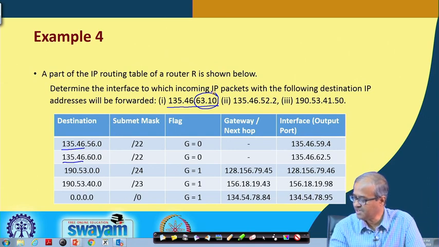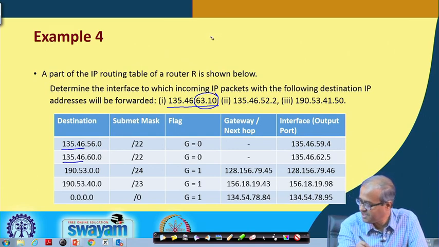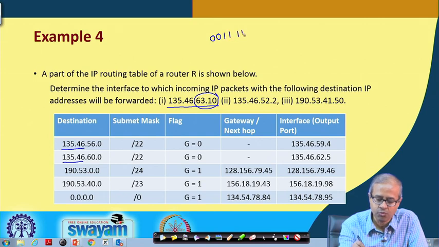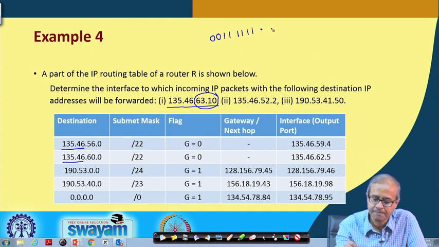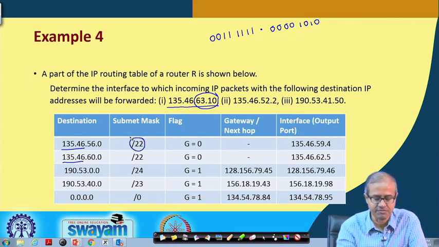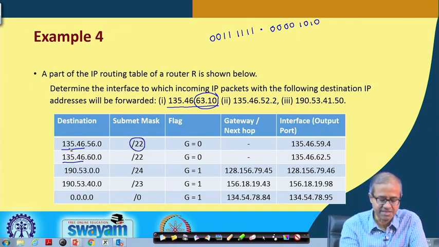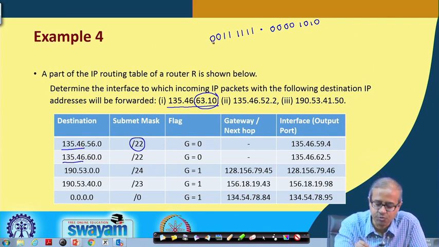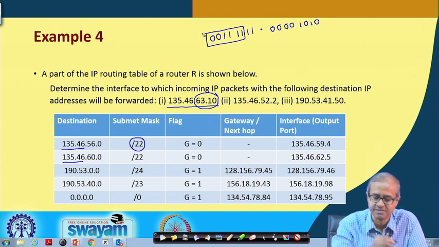So, what is 63 and 10? 63 is 0011 1111, and 10 is 0000 1010. And we are saying we will be looking at 22 bits of the address, first 8 and 8, 16, and 6 more. So, from here you take 6 more bits.